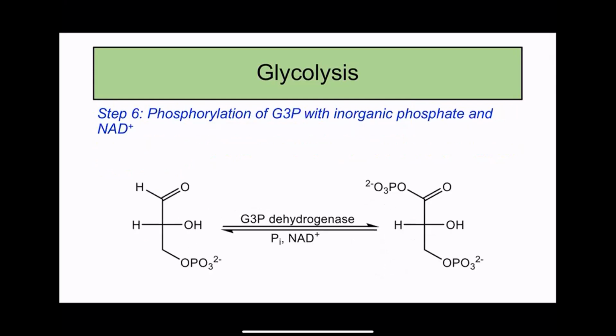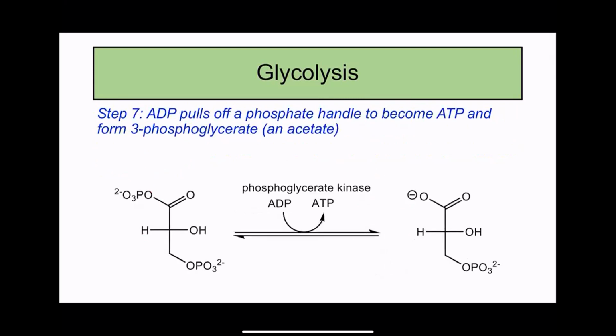Step 6 is just the phosphorylation of G3P. Yeah. So this guy right here will get phosphorylated again. Step 7 is using ADP, and it forms an acetate. Very cool. So your phosphate group becomes an acetate.